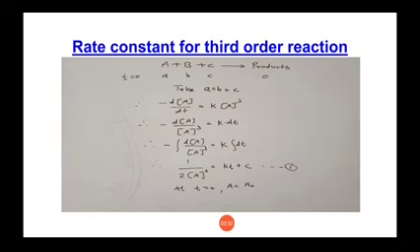But in our syllabus there is a condition that the concentration of all the 3 reactants is the same, means A is equal to B is equal to C. So applying that, we can say all reactants are say A.